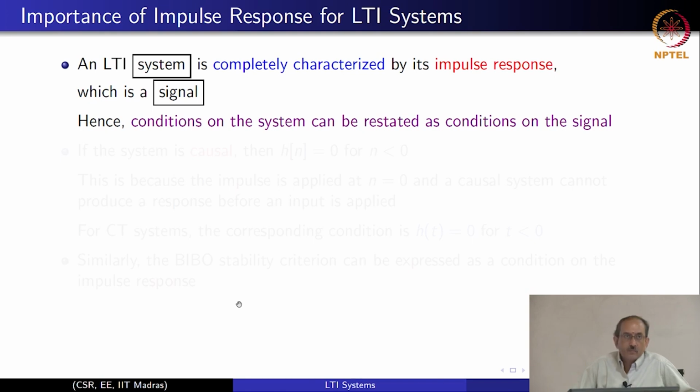Yeah, input is the impulse, so that is fine. Anything else? Okay, yeah, LTI system, because only for such systems will the impulse response completely characterize the system. What is it that you are assuming about the system when you say impulse response?